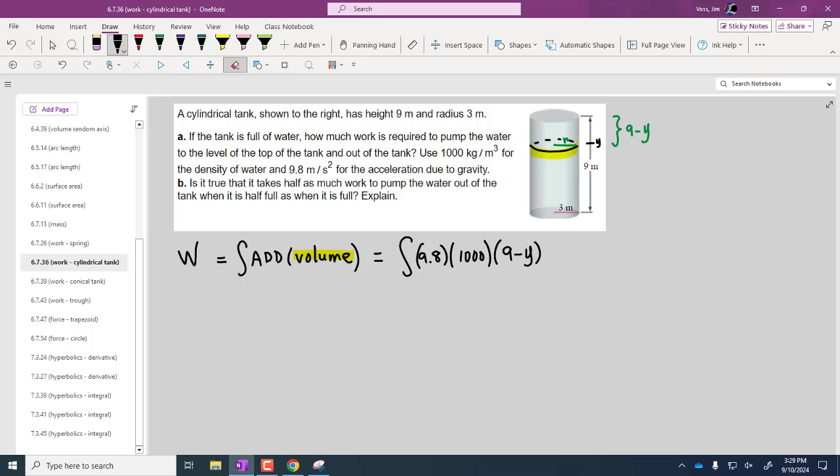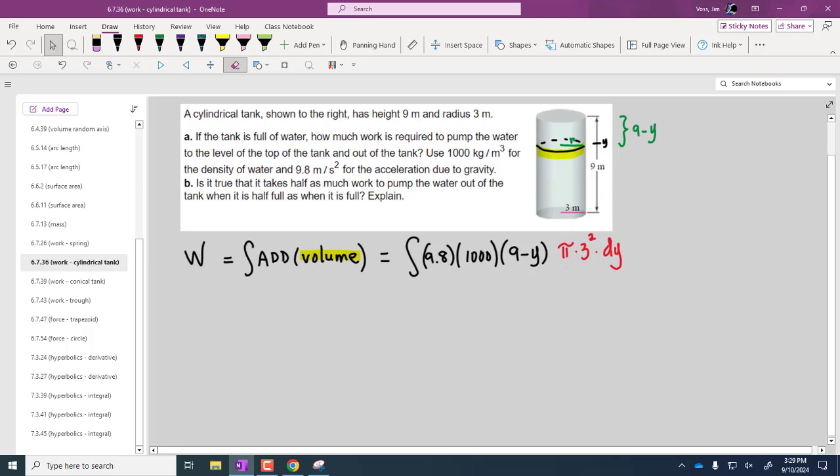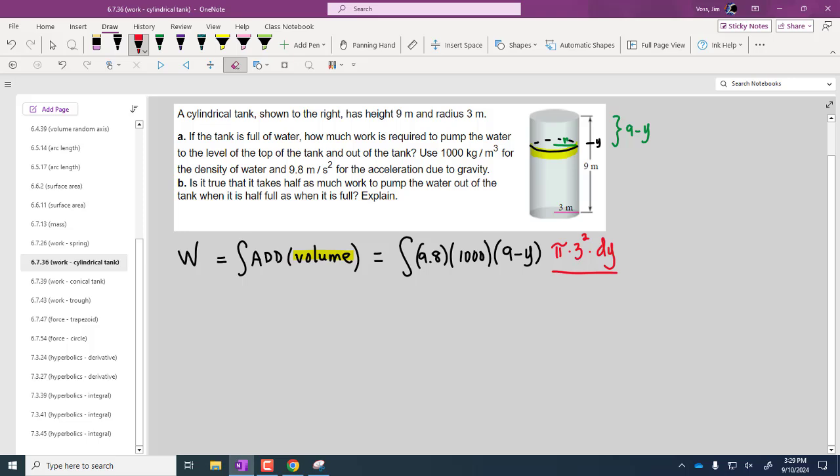Now volume. Volume is area multiplied by thickness. So the area is pi times the radius squared. So pi times 3 squared times the thickness of the slice. That is volume right there.